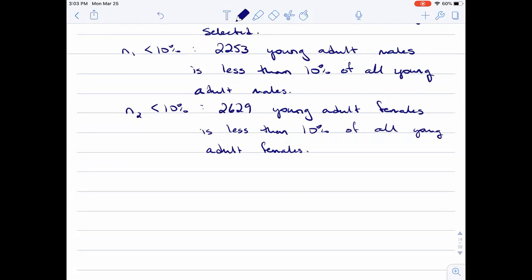And I'll sneak this in too: n1 and n2 are independent. The sample of males is going to be independent of the sample of females, or at least that's what we're assuming.